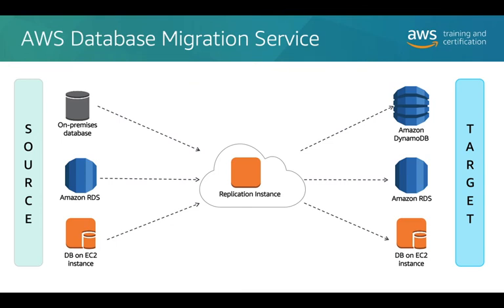Having done that, the Database Migration Service can then be used to read data from your on-premise database via what is known as a replication instance and move that data onto a target database. That could be a target database such as the Amazon RDS suite of databases or DynamoDB or indeed some other target.